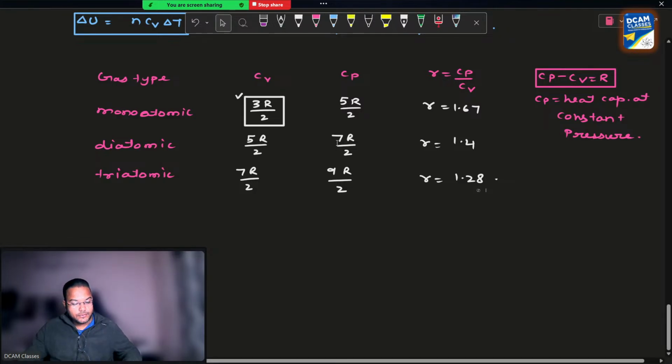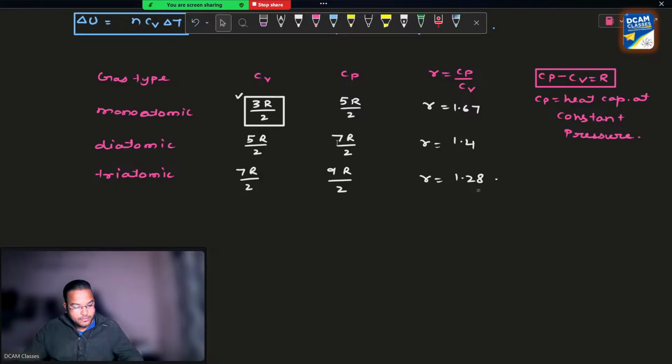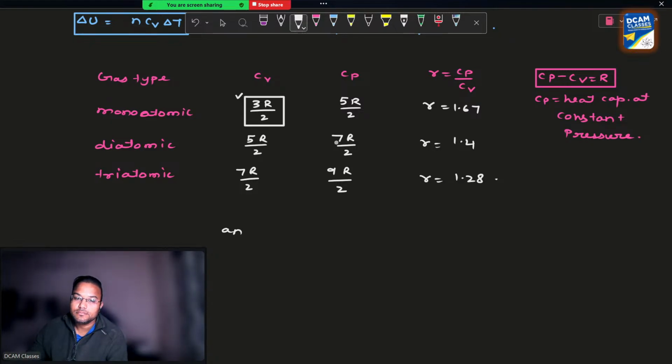I wanted to give you one more thing. Sometimes one more formula is helpful for any other gas, any random gas.